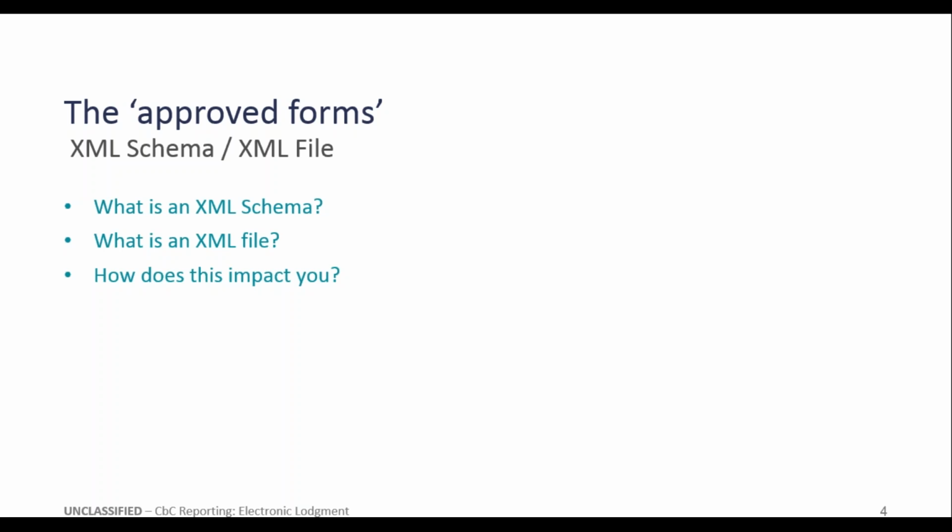So you can think of the XML schema as your form, as a file that defines the electronic form. Within that schema, all the questions that relate to your local file lodgement, your master file lodgement, and the actual quantitative and qualitative information are laid out.